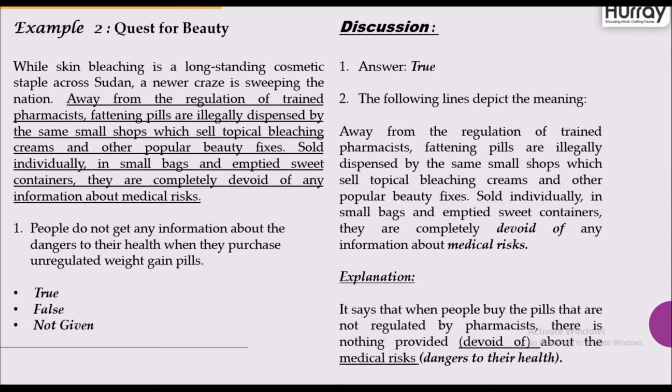Now, it clearly says that when people buy the pills that are not regulated by a pharmacist, there is nothing provided. So, "nothing provided" translates to the phrase "devoid of." Whereas "medical risks" translates to the phrase "dangers to their health." So, if you match this particular explanation with the statement given, the answer is true.